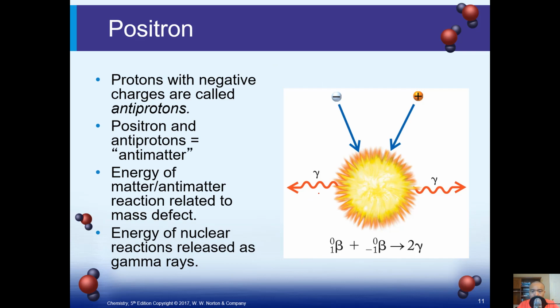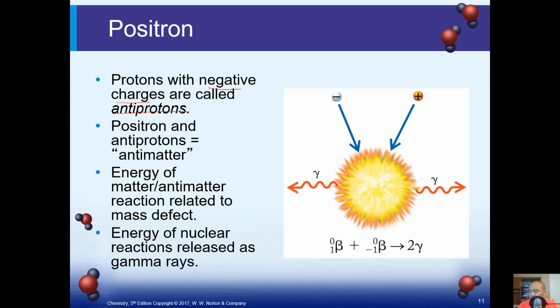Positrons belong to a group of subatomic particles called antimatter, or particles that have the same mass but opposite charge of particles typically found in atoms. For example, similar to positrons versus electrons, protons with negative charge are called antiprotons.